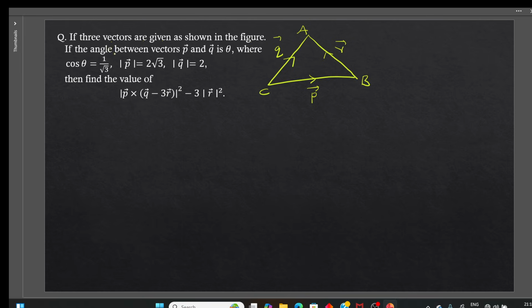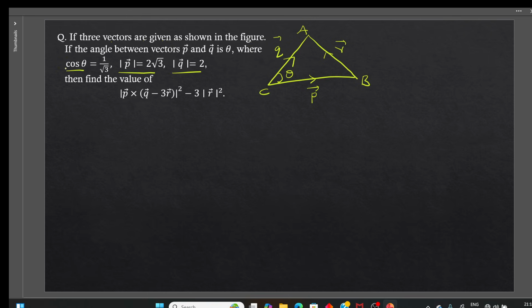If the angle between vectors P and Q is theta, where cos theta is equal to 1 by root 3, modulus of P vector is equal to 2 root 3 and modulus of Q vector is equal to 2, then find the value of modulus of (P vector cross Q vector minus 3R vector) whole square minus 3 into modulus of R vector whole square.